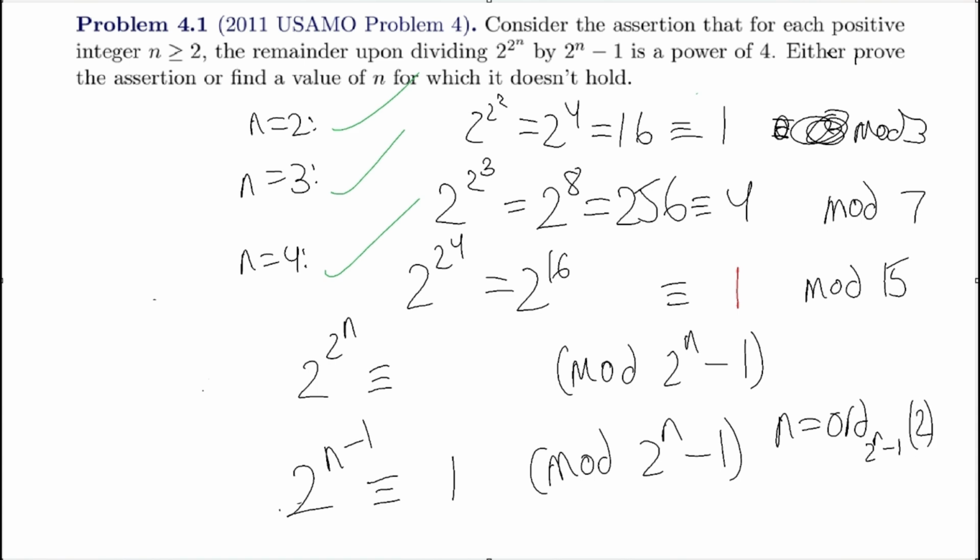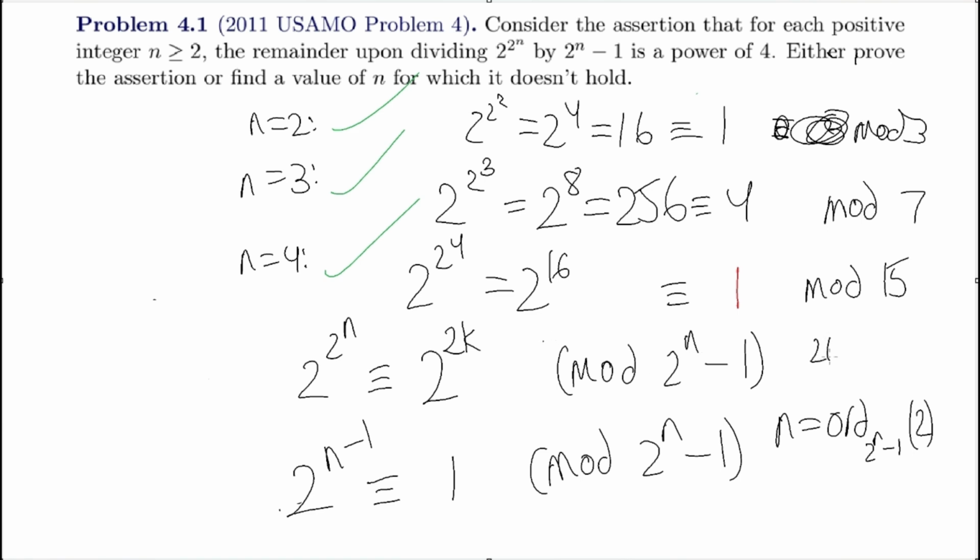And how can we use this? Well, we want to show that 2 to the n is equivalent to 2 to the power of some even number, because that means a power of 4. So we have something like 2 to the 2k, and that this 2k here is less than n, otherwise it will not be a remainder.